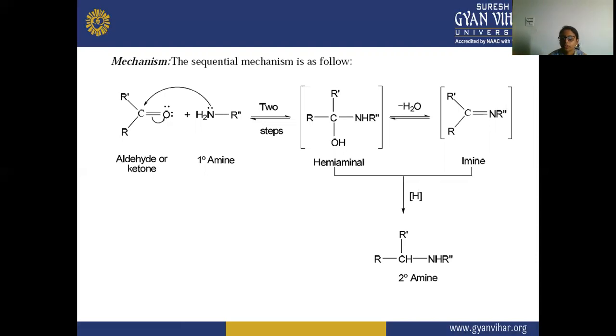In the first step, the carbonyl compound reacts with ammonia or a primary amine. The C=O withdraws electrons, so carbon has a positive charge and O has a negative charge.